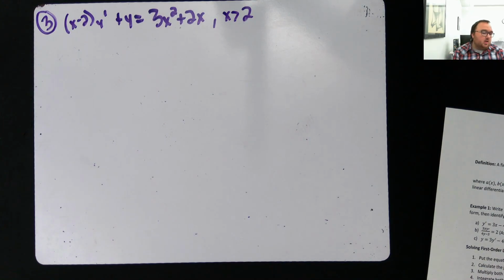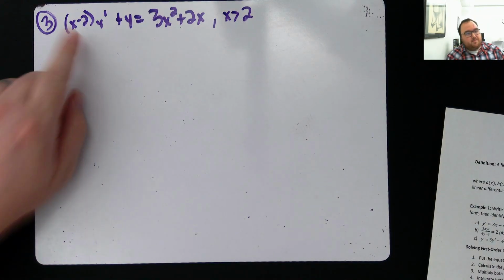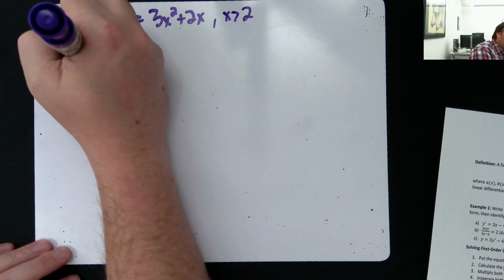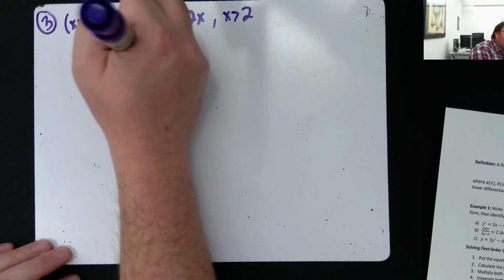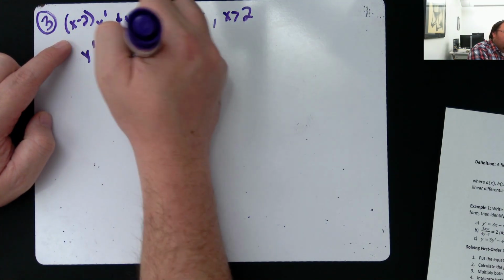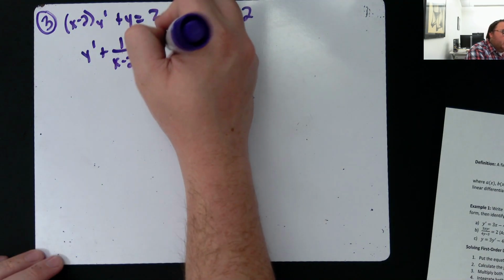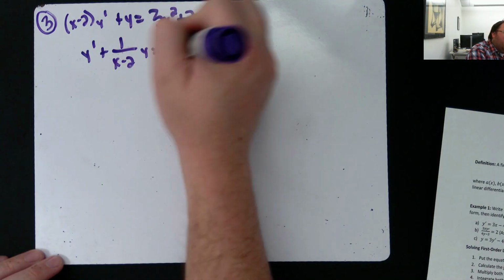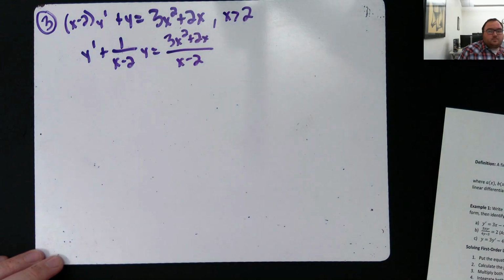Okay, this is not in standard form yet because I don't have just a 1 out front. So put it into standard form. y prime plus 1 over x minus 2 times y equals, and then just put all that over x minus 2.